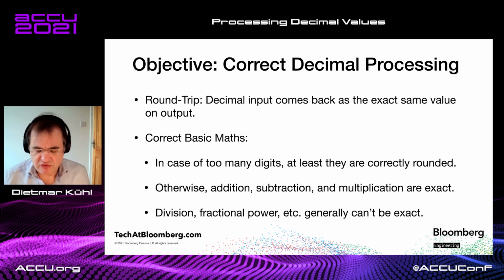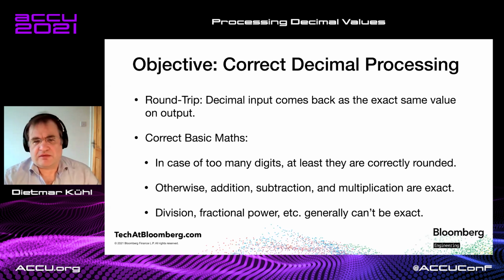We may overflow, we may underflow. So we may have to round things to fit into the fixed size representation. However, if we do so, I want values to be at least correctly rounded rather than incorrectly rounded. Something which should have been rounded up is going down because it just hit the 0.5 and not quite right.